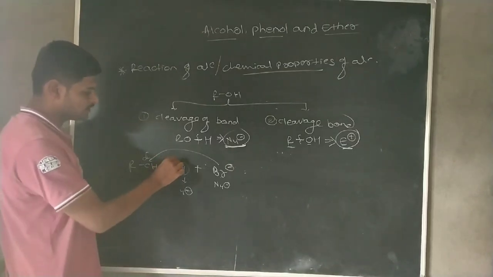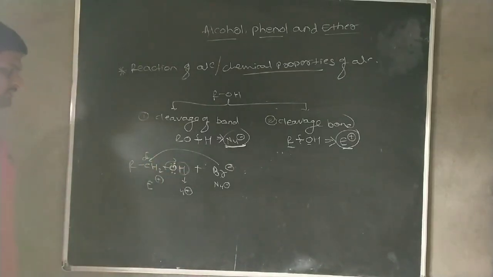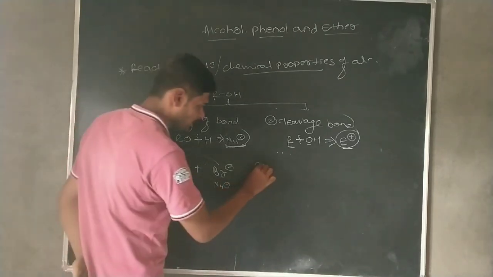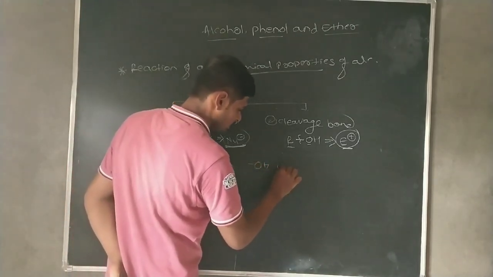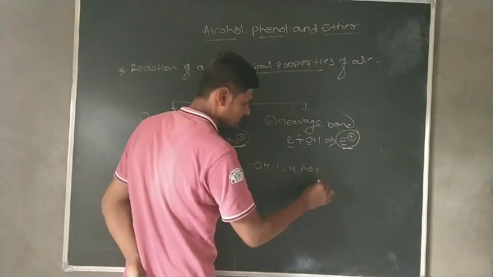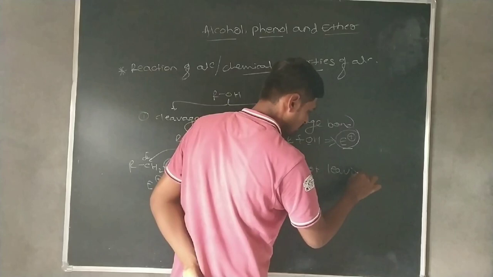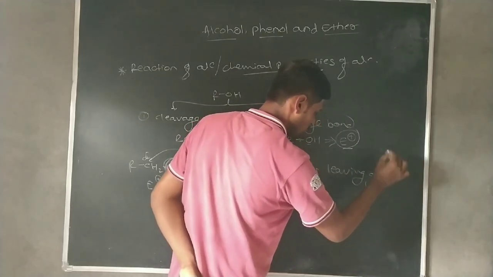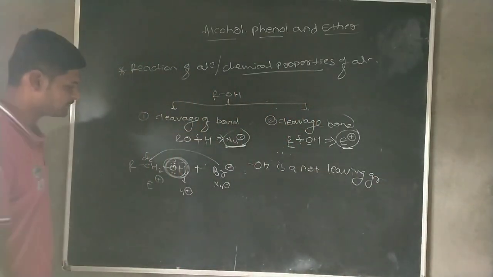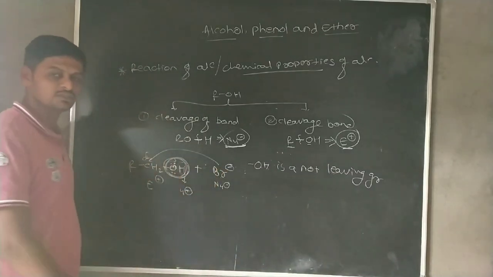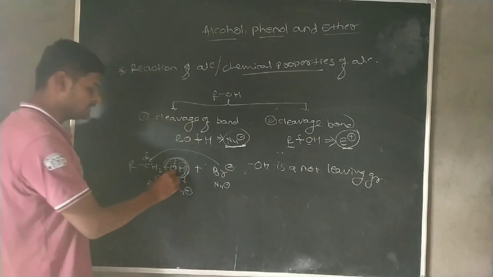After that, the OH minus should be eliminated. But in this case, this OH minus is not a leaving group. This is the most important point. The OH minus is not a good leaving group. Therefore, by using Br minus, the OH minus cannot be eliminated.